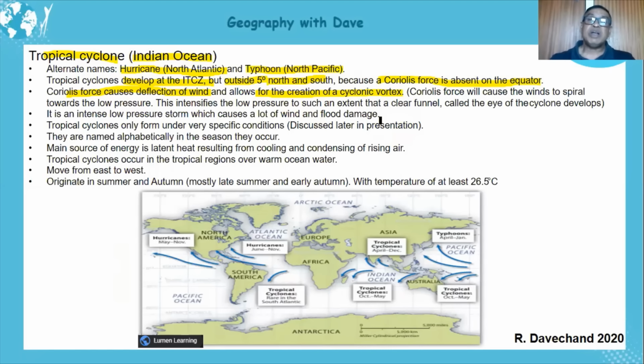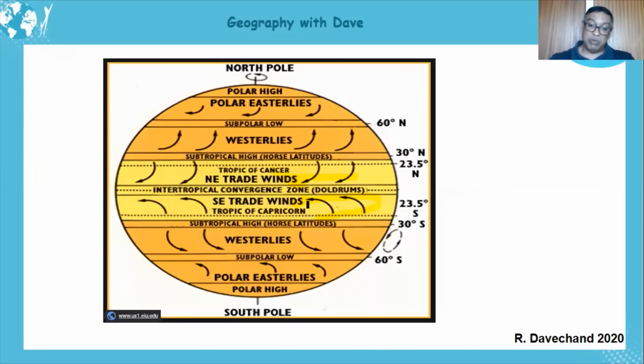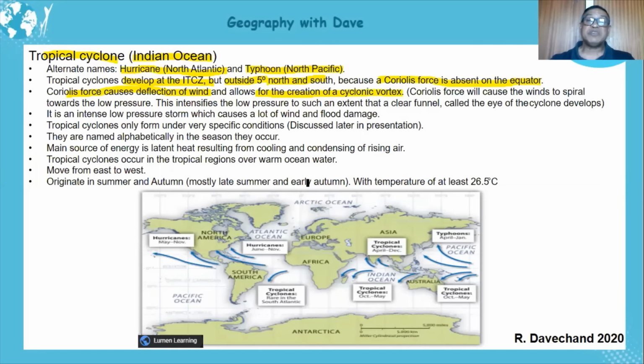So what do we mean by cyclonic vortex? What happens when it turns there? It allows for a low pressure to take place. The Coriolis force will also cause the winds to spiral towards this vortex.